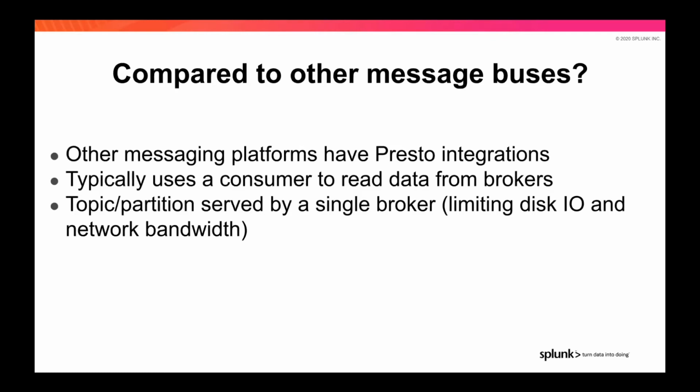Thus, you can take a look at the Presto integration for other message buses, but it generally follows the idea of not going directly to a storage layer to read. I'm just standing up a consumer and reading out the topic, like a regular application. And this causes problems like, if it's a single partition and only one broker can serve a partition, then you're constraining yourself to the network bandwidth and IO bandwidth of a single node.